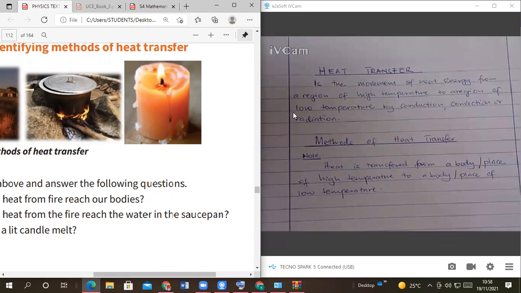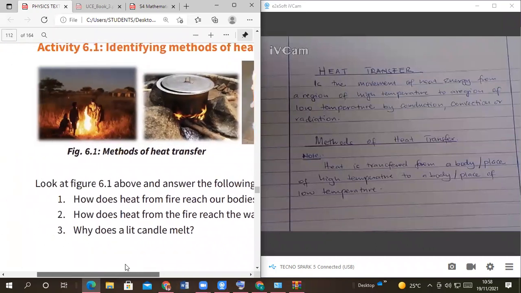Why do you think a lit candle melts? Do you agree with Pav that the heat is absorbed by the wax and the wax is now melting? Yes. Okay. All right, so all your answers are correct about that.